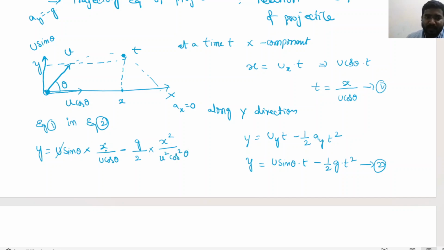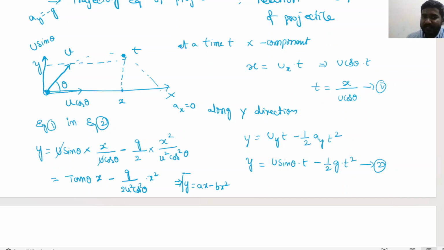Now u and u get cancelled. You get y equals tan theta times x minus g divided by 2u square cos square theta times x square.